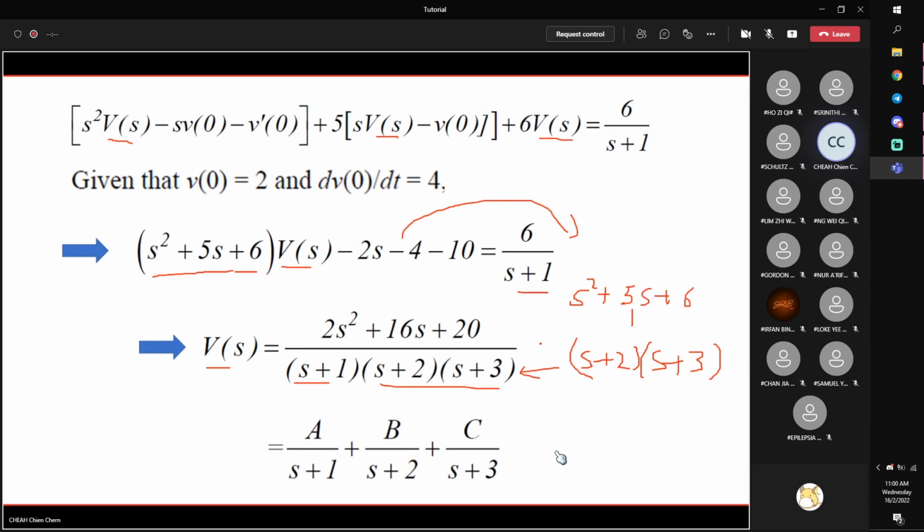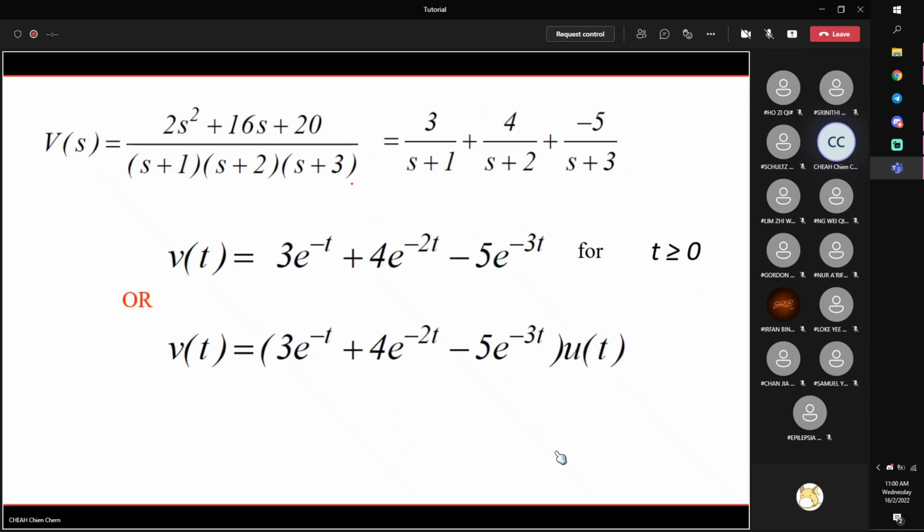Okay, then I know that this is my solution in Laplace domain. I should express it as a linear combination of 3 terms that can be found in the table, which is 1 over s plus 1, 1 over s plus 2, 1 over s plus 3. The rest is partial fractions. I will not go into that anymore.